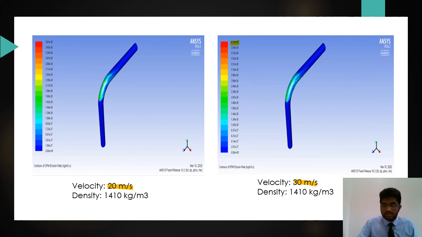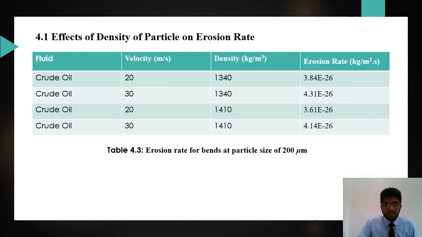Moving to the next factor, the effects of density of particle on the erosion rate. As we know, particle density mostly influences the erosion by determining the intensity of particle impact on a surface.